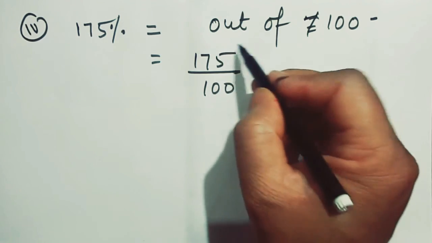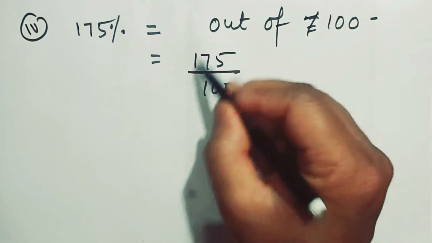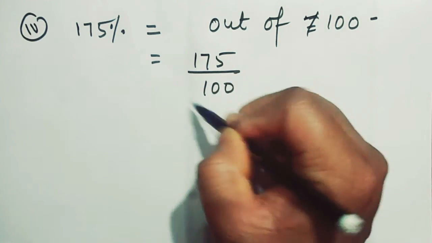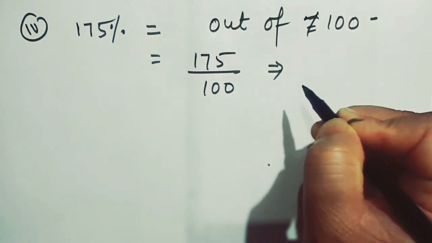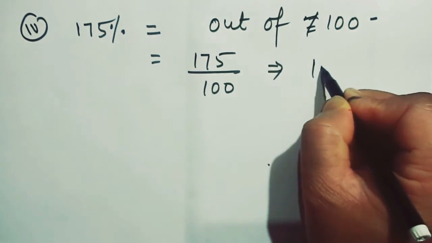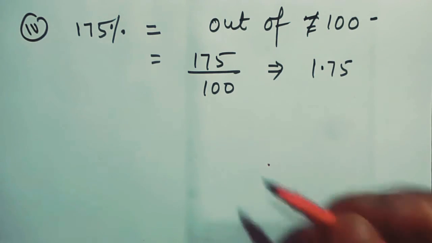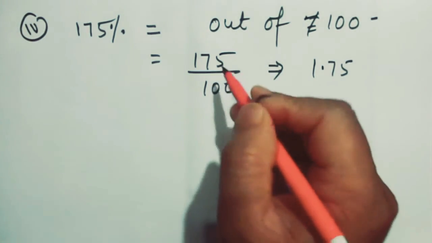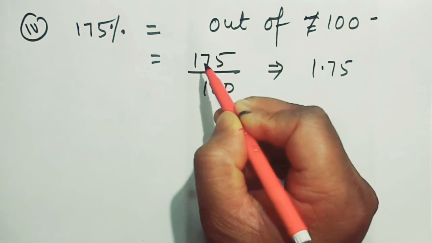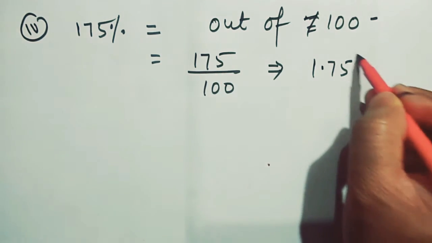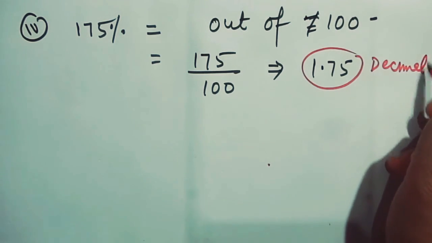Now you can easily change this into either decimal form. So let me change this into decimal form first. This can be written as 1.75, because when these 2 zeros are removed, the decimal moves 2 places towards your left hand side. So 1.75 is in decimal form.